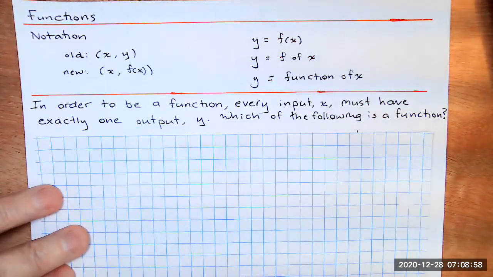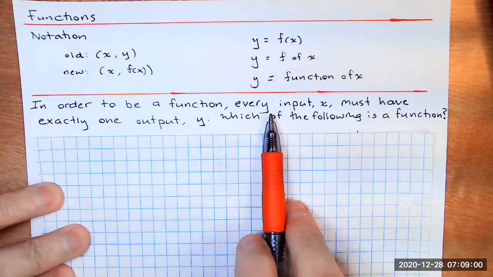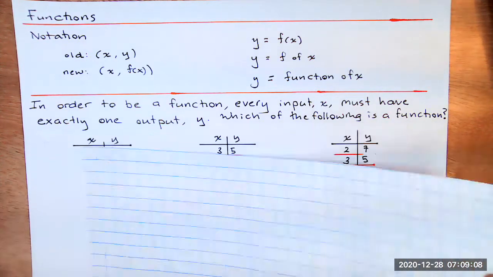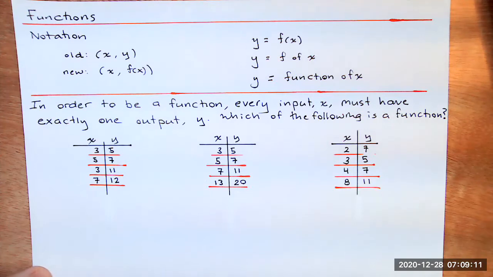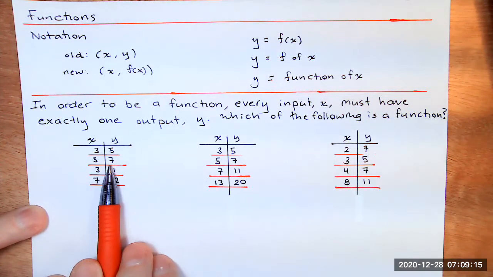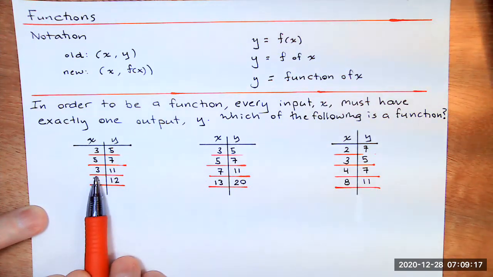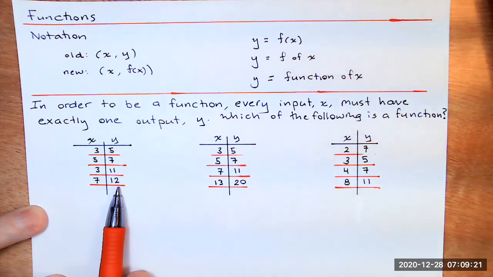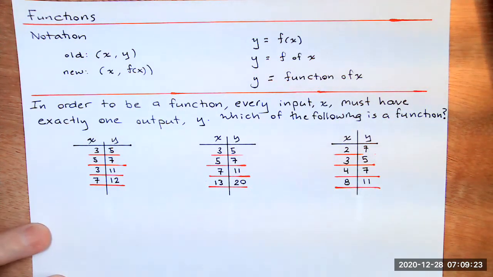All right, in order to be a function, every input, x, must have exactly one output, y. Which of the following is a function? All right, when x is 3, y is 5. When x is 5, y is 7. When x is 3, y is 11. When x is 7, y is 12. So is this a function?